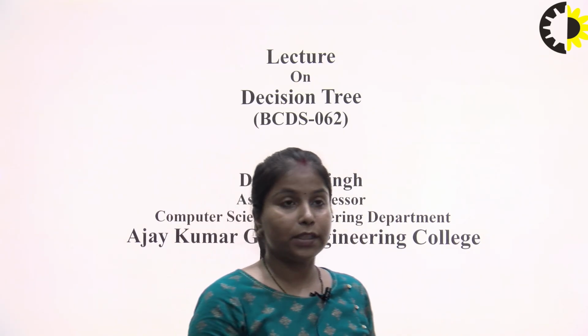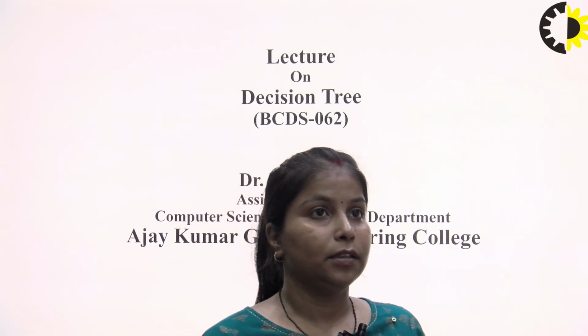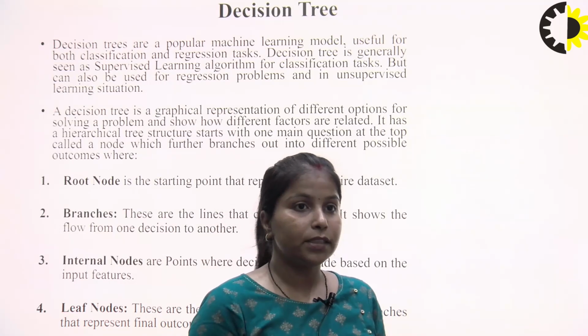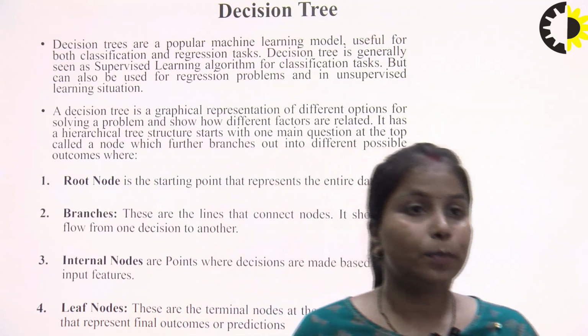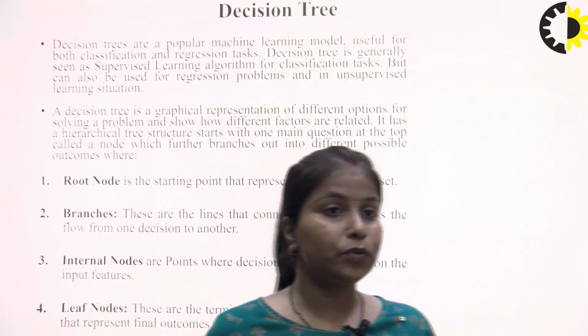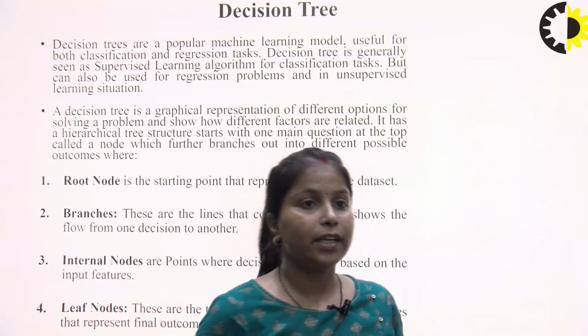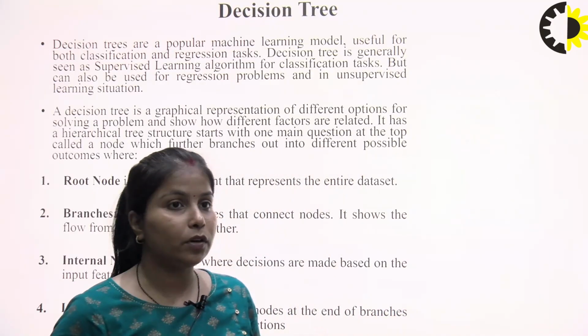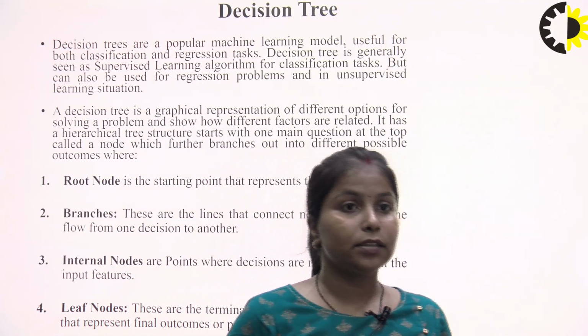So first, let us understand what a decision tree is. A decision tree is basically a supervised learning algorithm used for classification and regression tasks, but mainly used for classification tasks.